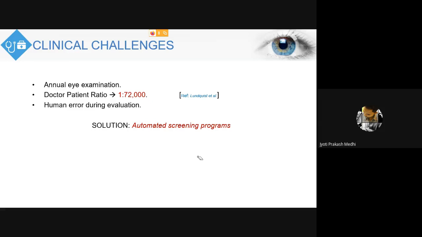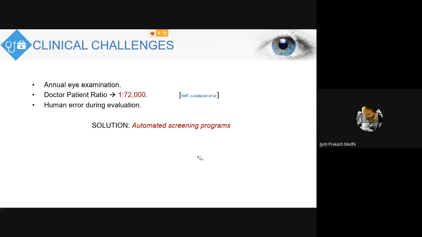So that is why, if we can identify the presence of diabetic retinopathy using an automatic algorithm, it will be very helpful for the doctor, so that they can concentrate on the retinopathy cases only, and the normal cases will be eliminated.